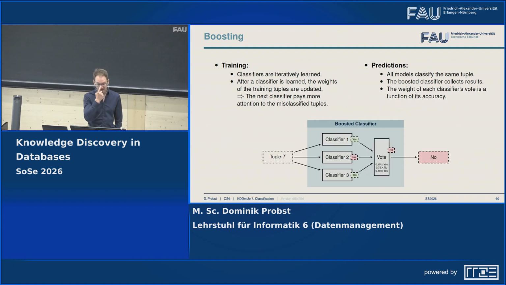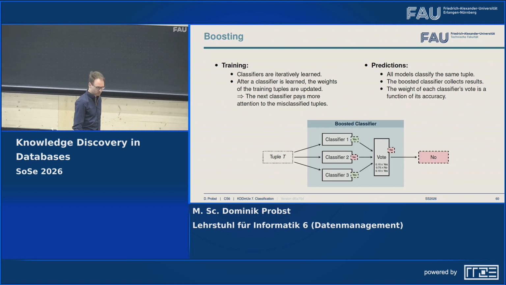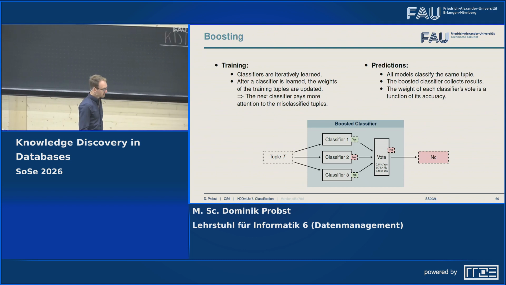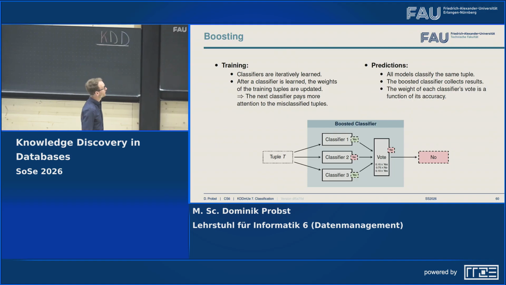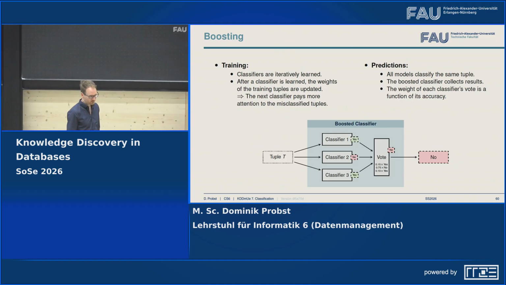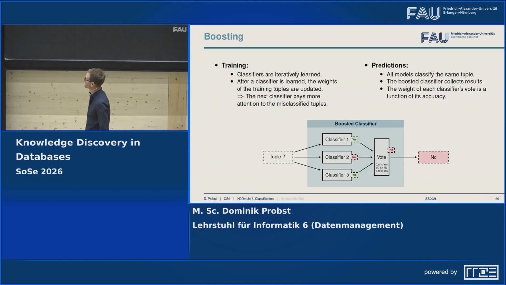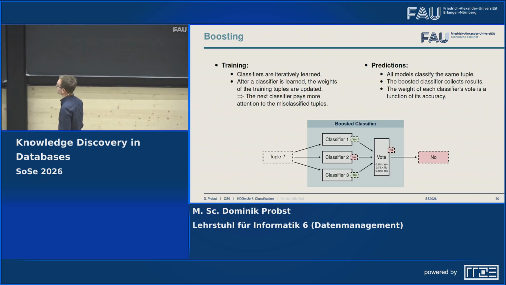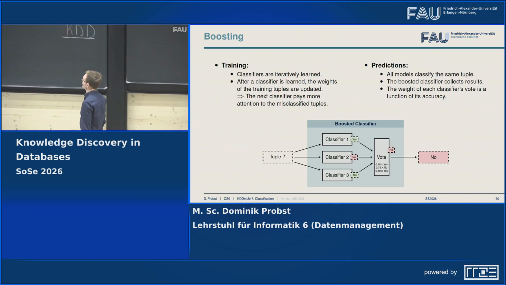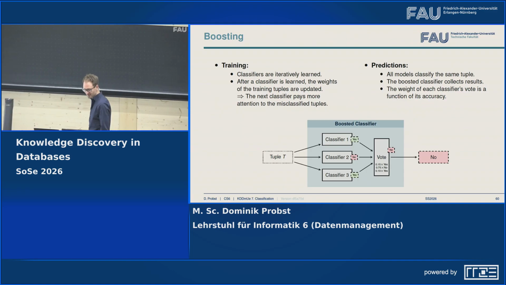And we are using, again, a weighted model where each classifier gets more importance to its votes depending on the accuracy it's receiving. So if classifier 1 has less accuracy than classifier 2, then it has less significance to its vote.